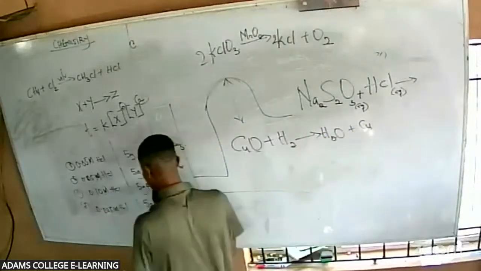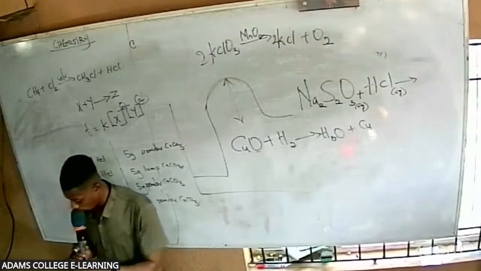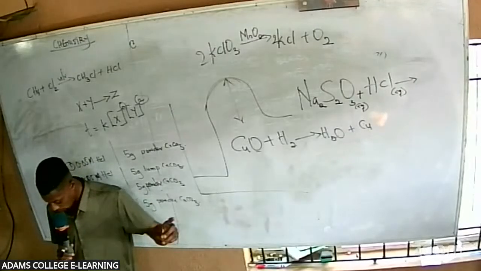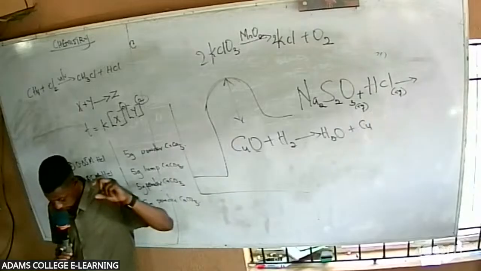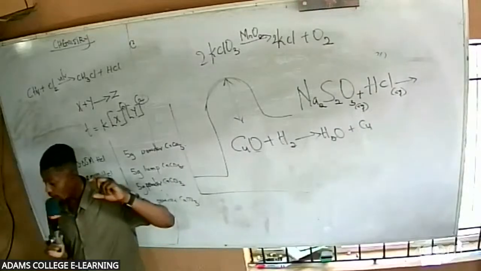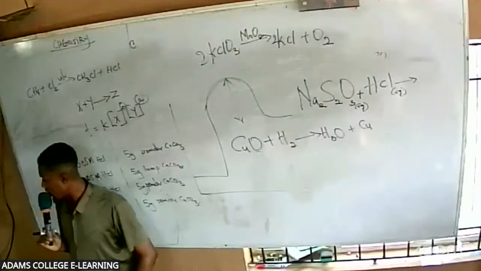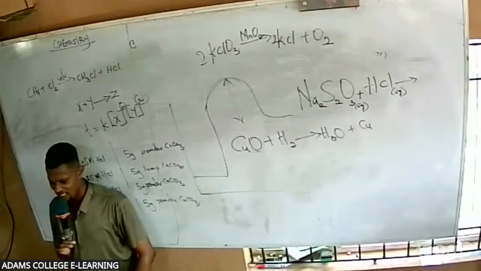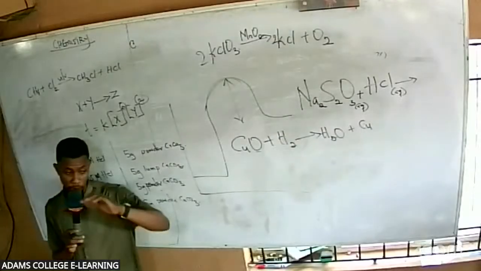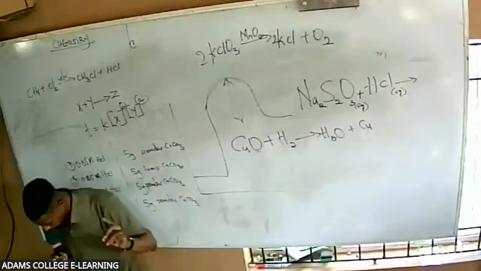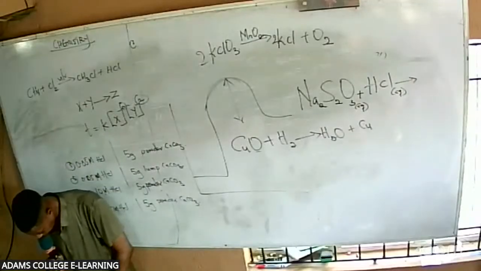Now write this right under the question. The answer is zinc oxide. And the reason: it is high up in the electrochemical series. Do you understand? So how many questions do you have there now? I think 2, right? Okay.